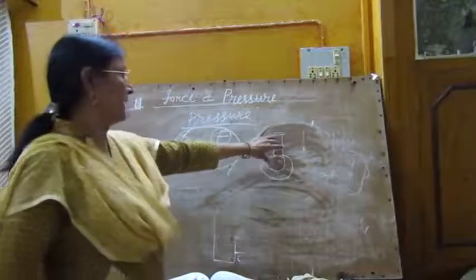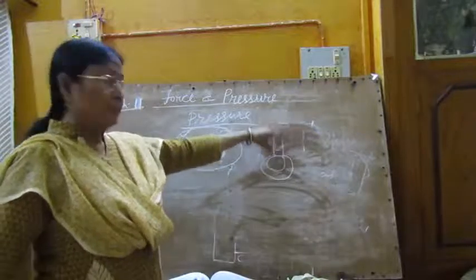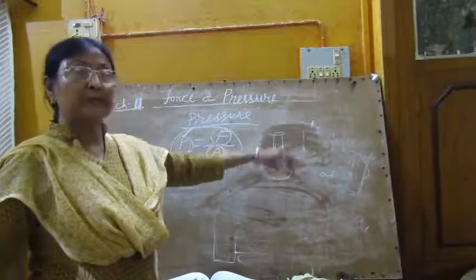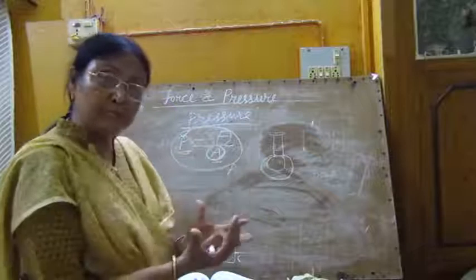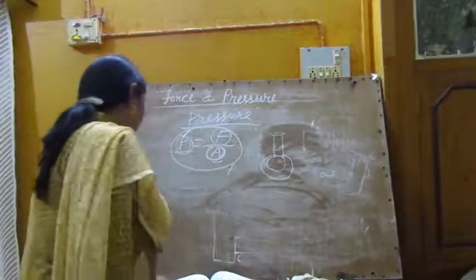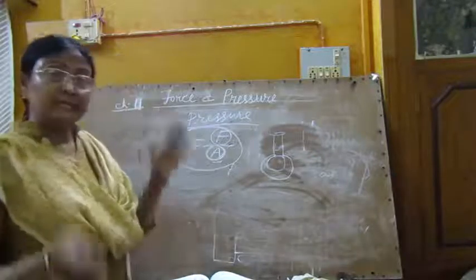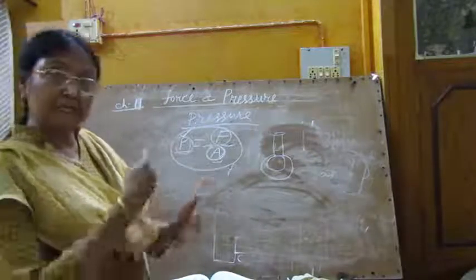What does it mean? As the water level increases, the water exerts more pressure. That's why the balloon is bulging. So in this way, we can observe that a liquid exerts more pressure as the depth increases.